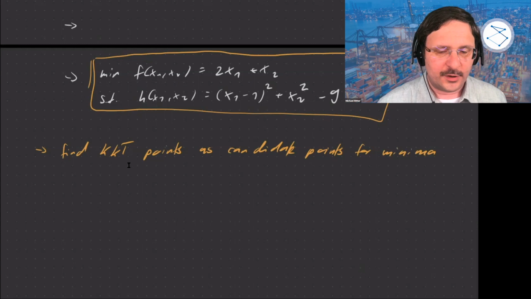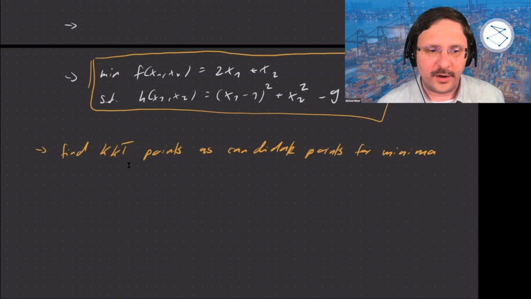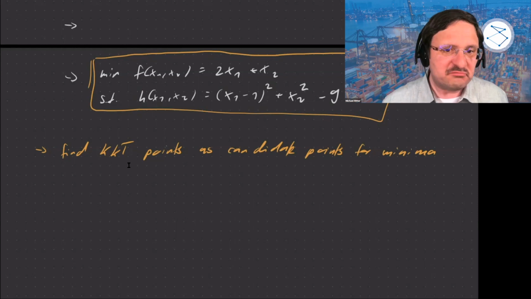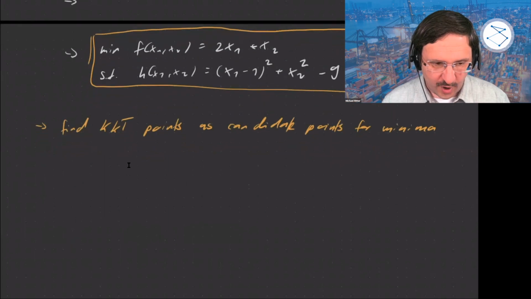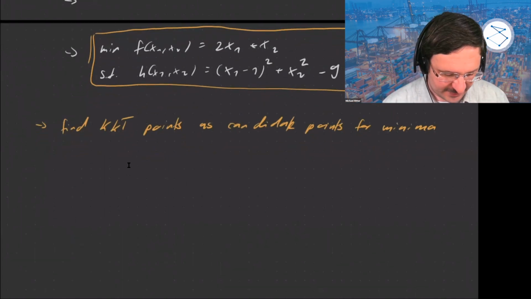And to do that, we need to satisfy the KKT conditions. Basically, for equality constraints, there are only 2 conditions that we need to satisfy. Of course, the equality constraints themselves need to be satisfied. And we have this Lagrange equation that needs to be satisfied.